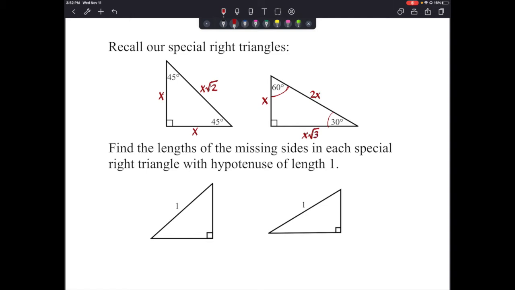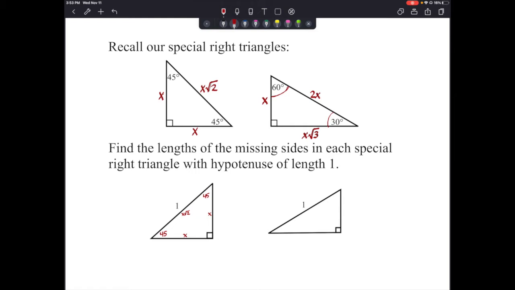And we can use this to help us come up with our coordinates on our unit circle by thinking about those special right triangles. Okay, remember our unit circle has a radius of 1 unit, so we're thinking about these right triangles each having a radius, or a hypotenuse, of 1. So if we think about that, this one on the left side is like our 45-45-90 right triangle. And we know that it follows that pattern where this is x radical 2 if these side lengths are x.